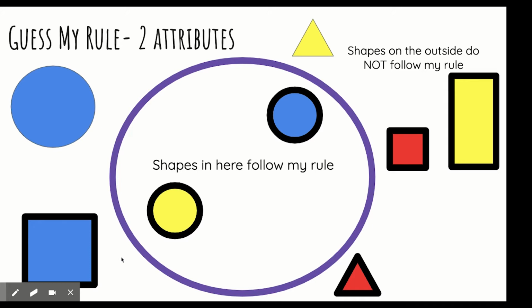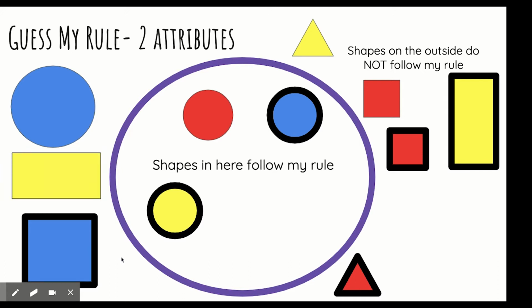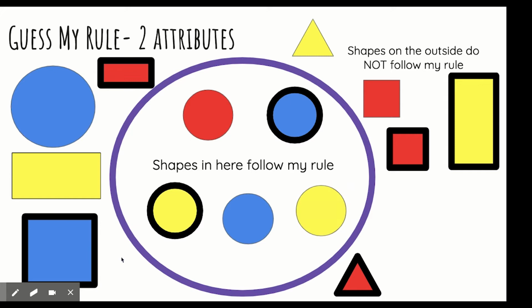What do you notice about the shapes on the outside of the circle? Do you see 2 attributes that fit all of the shapes inside the circle? Did you guess my rule yet?